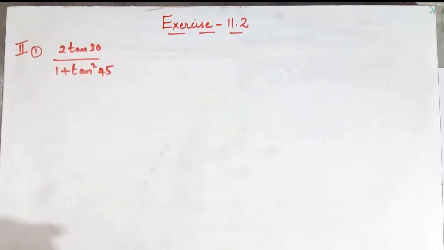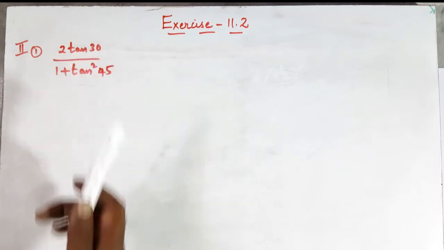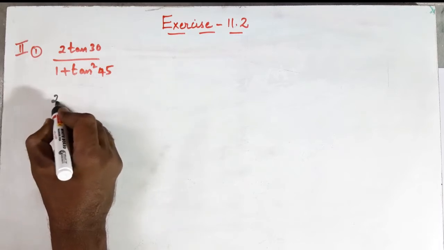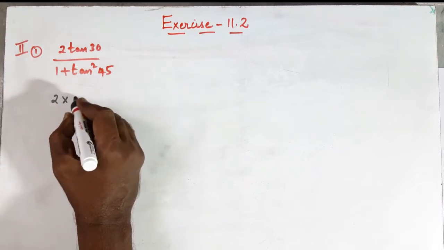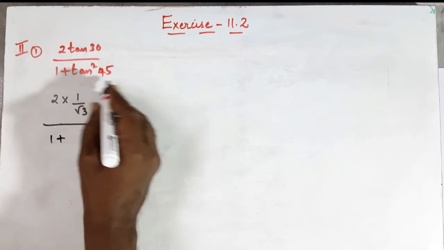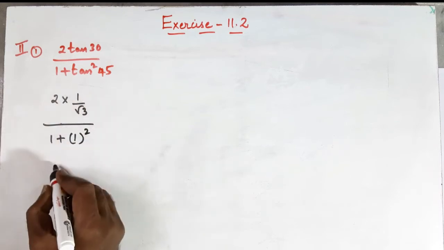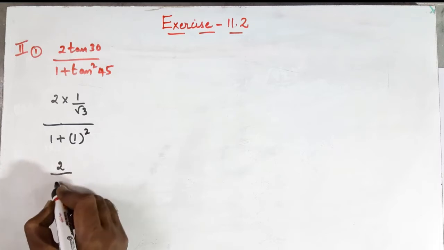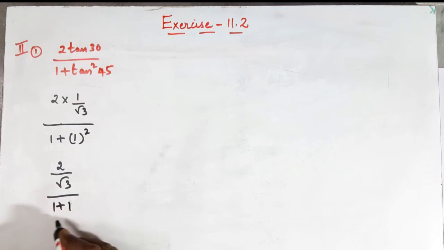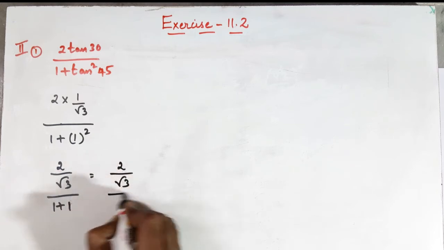Now in the second bit, the first problem is 2 tan 30 by 1 plus tan square 45. I am going to substitute the values directly. 2 into tan 30, whose value is 1 by root 3, by 1 plus tan 45, which is 1, and tan square means square. 2 ones are 2, so you get 2 upon root 3 by 2.